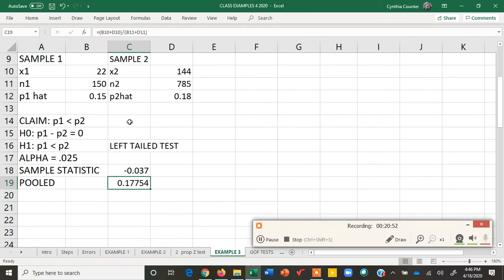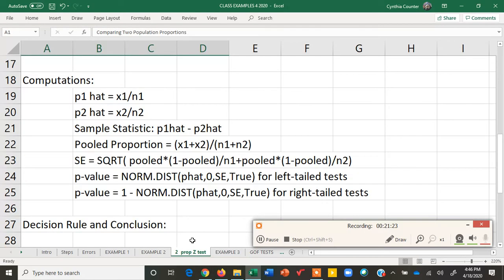Now, the difference between 15 and 18 is about 1.5%, and this looks almost the same. But remember, I told you that the sample sizes are weighted differently, as these are different sample sizes. If these sample sizes were exactly the same, the two pieces here would have had exactly the same value.